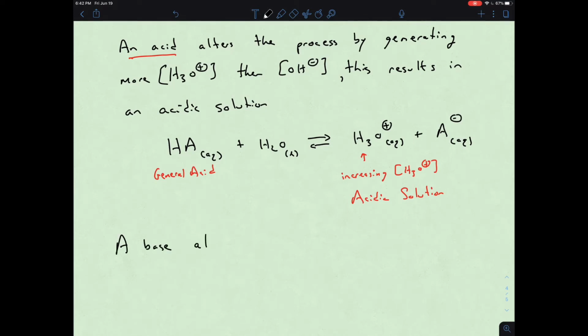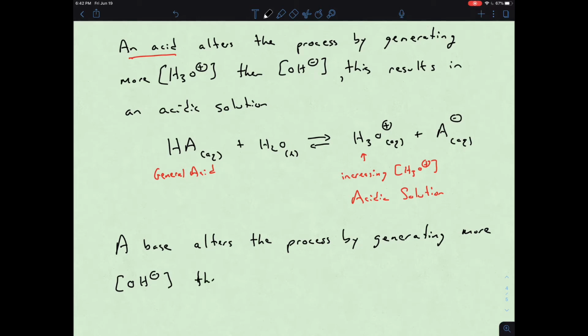A base alters the process in a similar manner, but it does so by generating more hydroxide than hydronium.